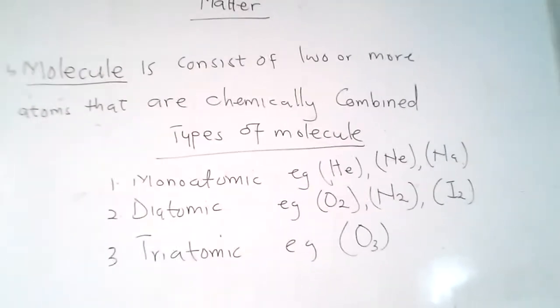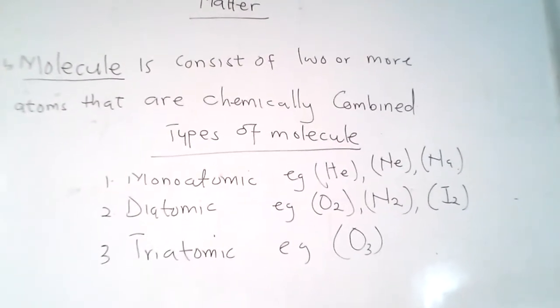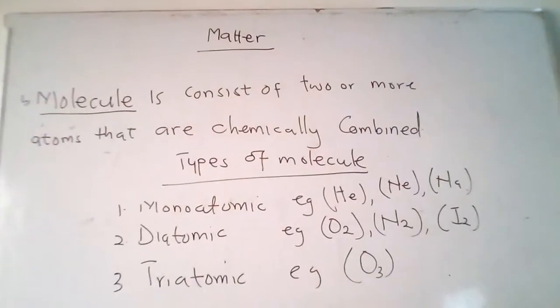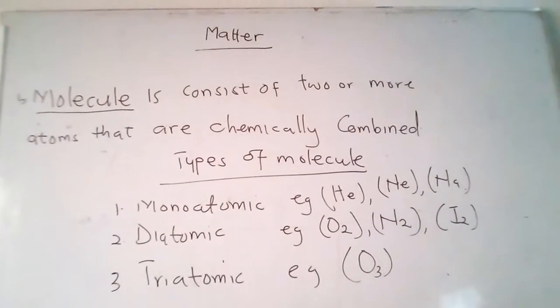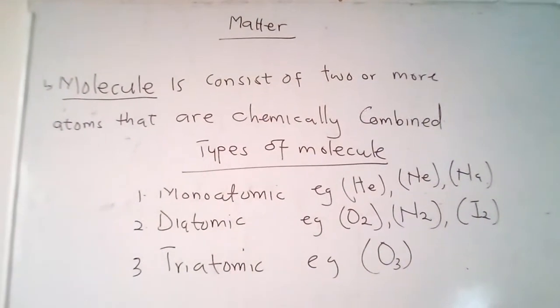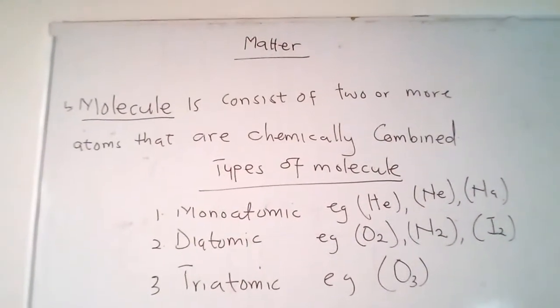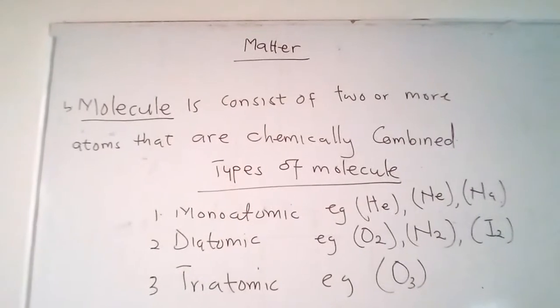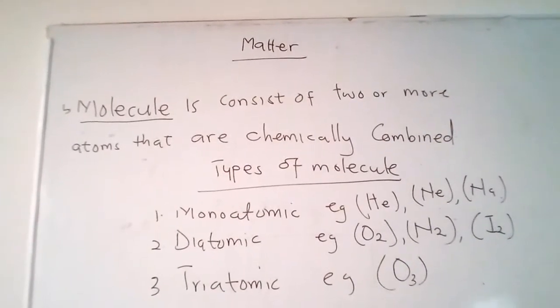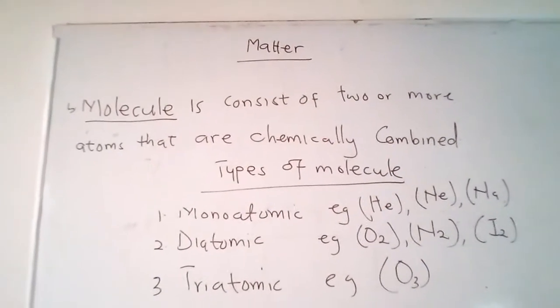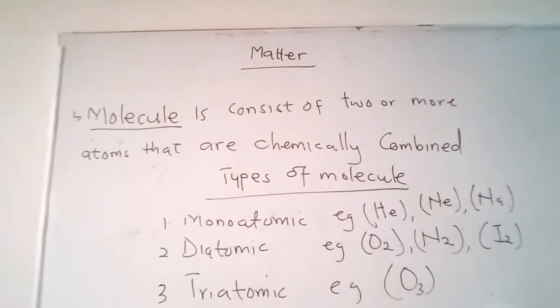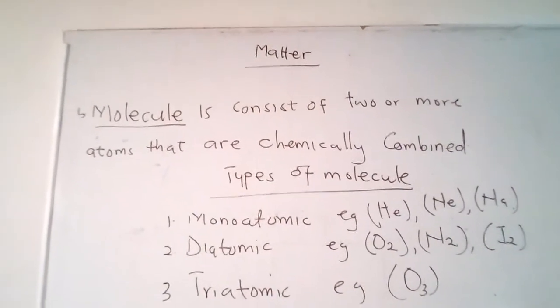So molecule consists of two or more atoms that are chemically combined. Okay, molecules can exist as separate particles. It is the smallest stable particle of an element or a compound that exists by itself. So atoms that form a molecule may be of the same element or of different elements.